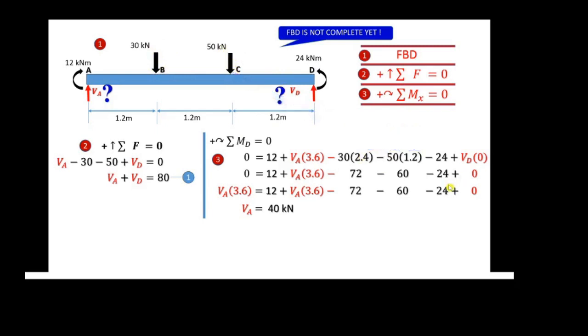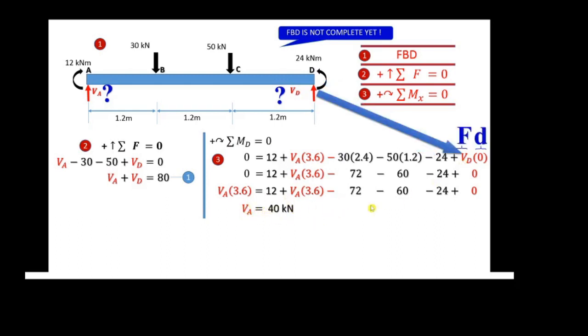So directly we can take it as 24. The direction is against what we have declared earlier. At the point D here, we still have a force, but the value of moment is zero because the distance is zero. So then you solve this equation, you can get VA equal to 40.